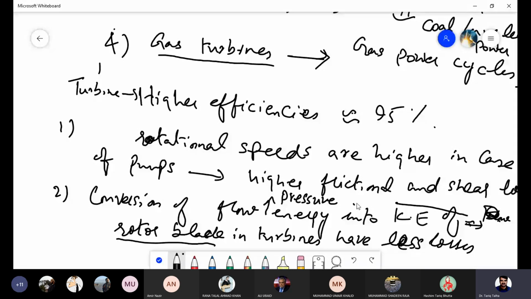But in pumps, it is the reverse process: we use the kinetic energy of the rotor blade to give high pressure and velocity to the flow. So this process of conversion of flow energy into kinetic energy is more efficient as compared to the vice versa.